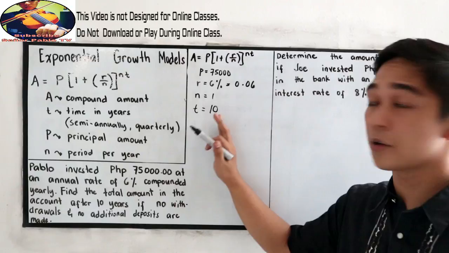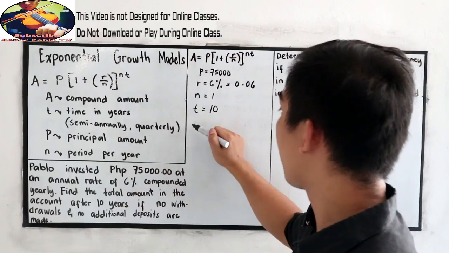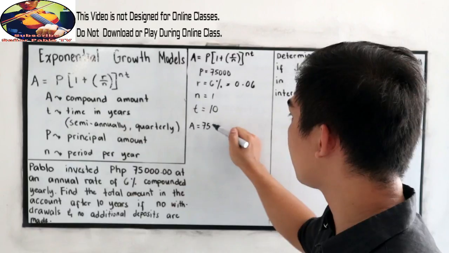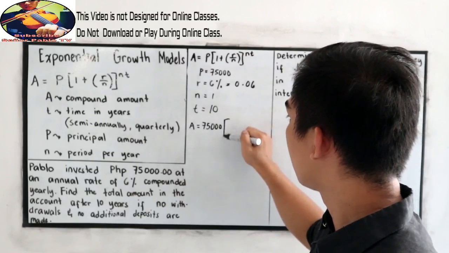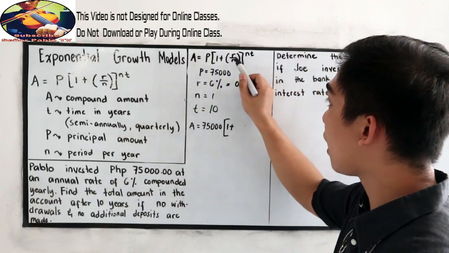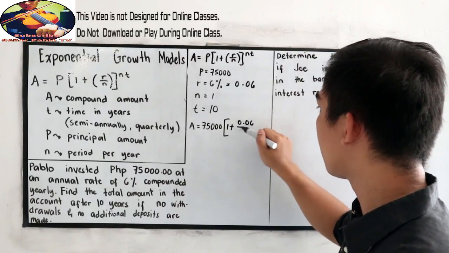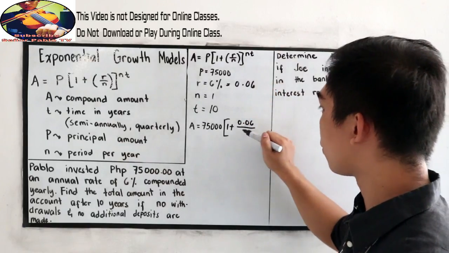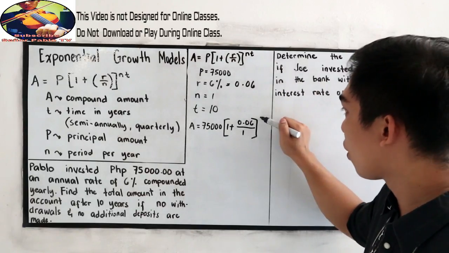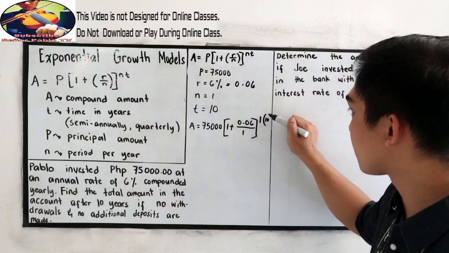After finding the values for P, R, N, and T, substitute in our formula. So we have A is equal to P, which is 75,000, times 1 plus our rate, 0.06, over our N, which is 1, raised to N, which is 1, times our time, 10 years.